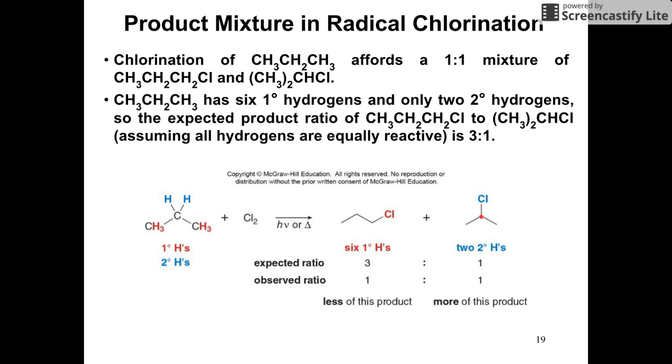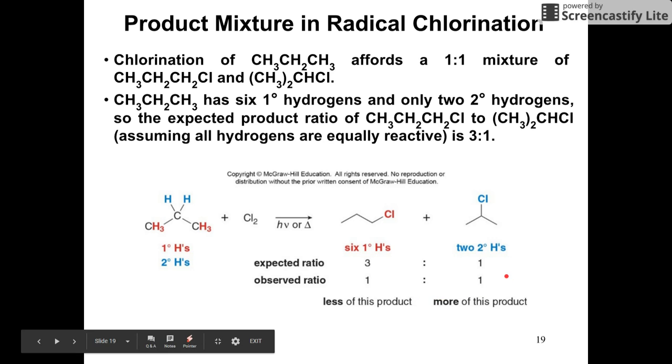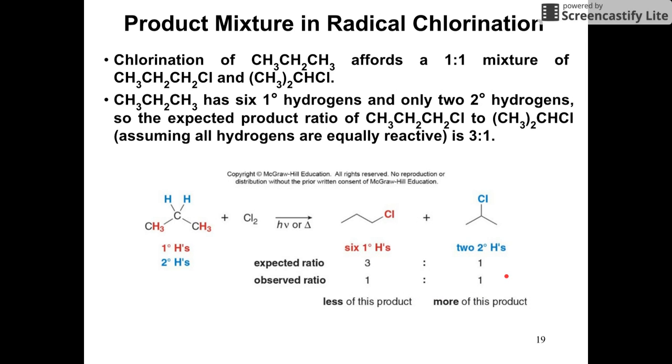There are only 2 CH bonds that are secondary, whereas there are 6 that are primary. And so we would expect a 3-to-1 ratio, but we observe a 1-to-1 ratio. And so this tells us, as it turns out, that the reaction takes place faster on the secondary site, okay?